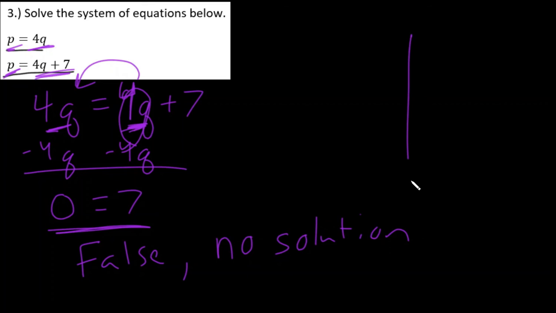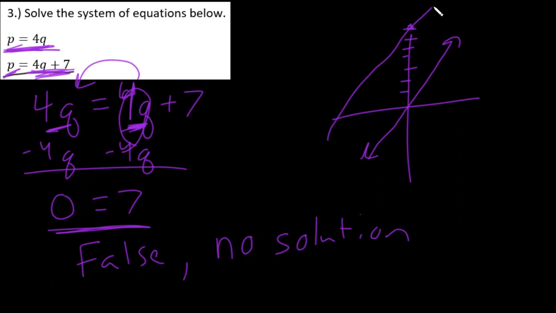Now, what would that imply graphically? Well, I want you to see this. If these were really x's and y's, and we were to graph this as y equals 4x, our very first equation would look something like this. And if this was really 4x plus 7, 1, 2, 3, 4, 5, 6, 7, well, our second line would look like this.